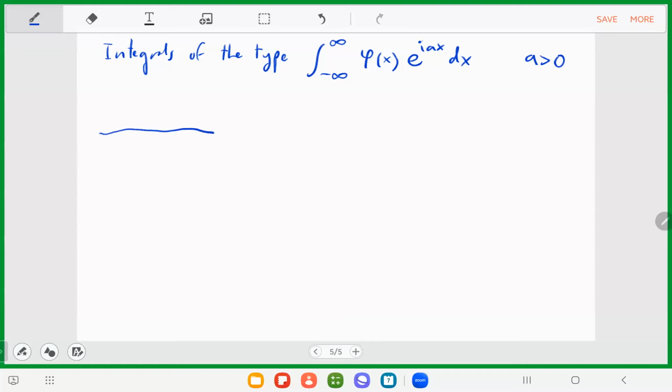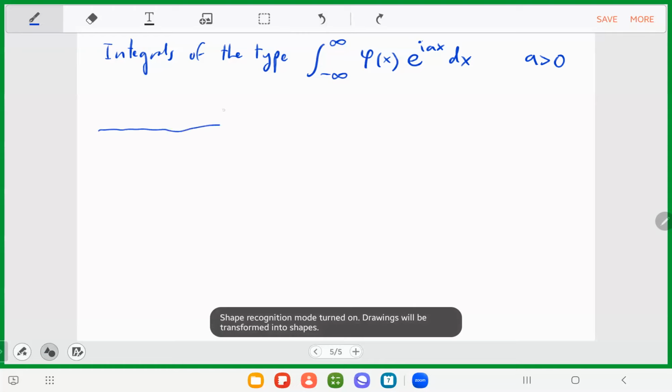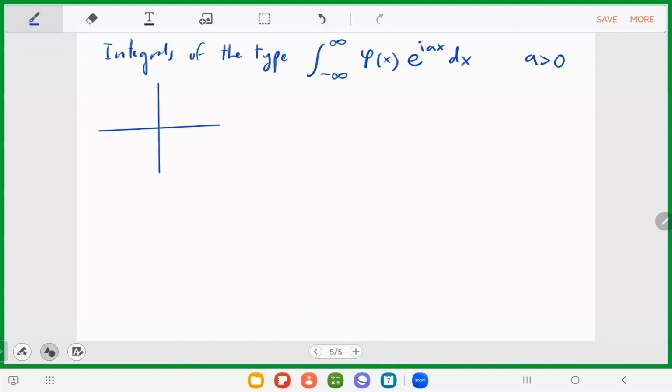So if I write the axis more beautifully, if I write again the contour from minus R to R and then back along this part, let me call this part of the contour the semicircle CR of radius R. So these integrals sometimes can be calculated, but to know if we can use the contour that I'm showing you or not, we need to look at a lemma that was formulated specifically for this.